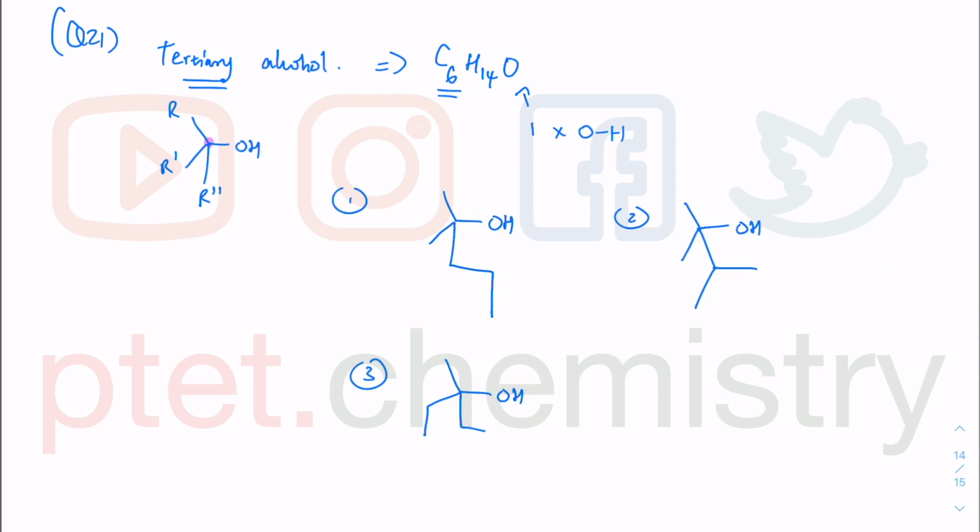Actually, I don't want commas because that's confusing. 1 plus 1 plus 3. When I say 1 plus 1 plus 3, I also have one central carbon, so don't forget to add the central carbon. That will give me 6. Then I have 1 from the center and then 1, 2, 2.